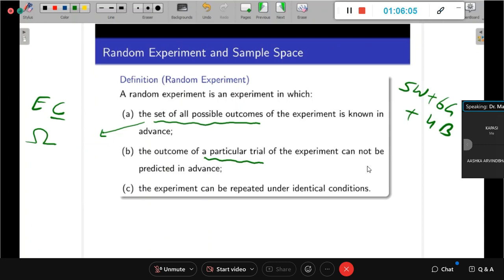Now we are going to try to attach the definition of probability to this. As I told you, a deterministic environment only has binary things, either 0 or 1.